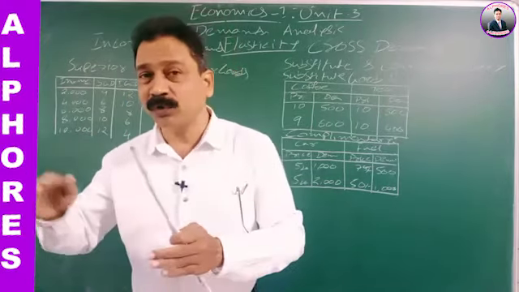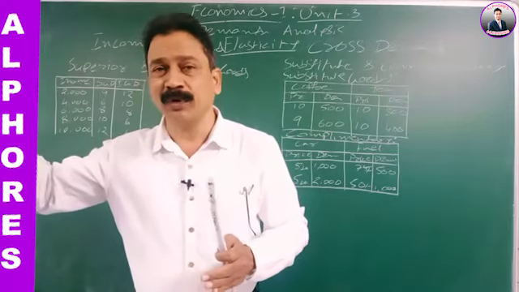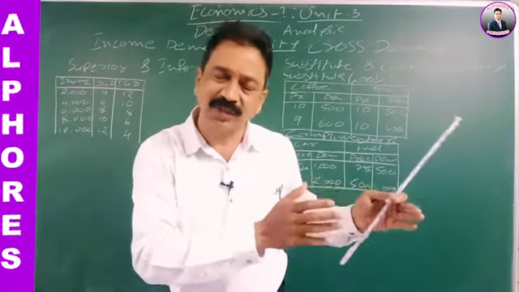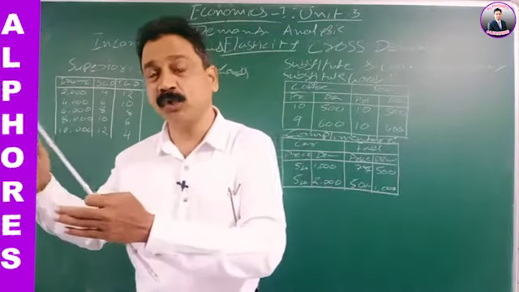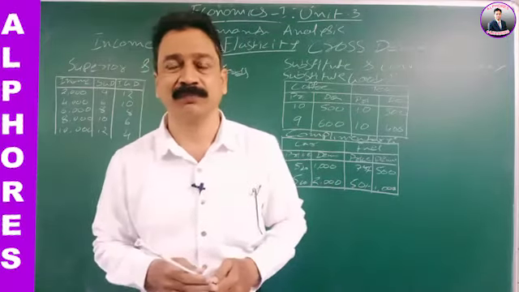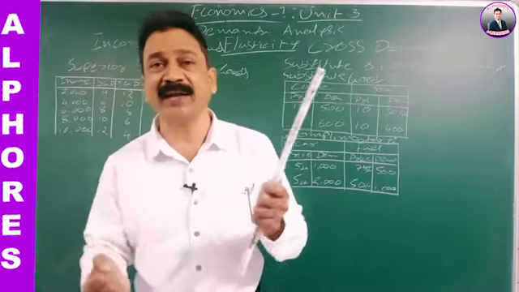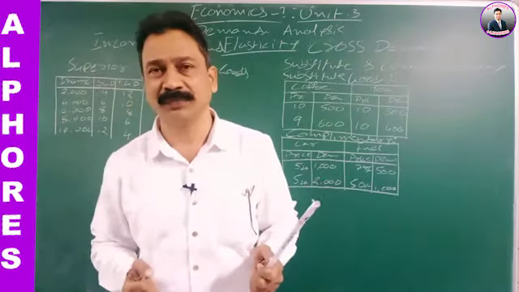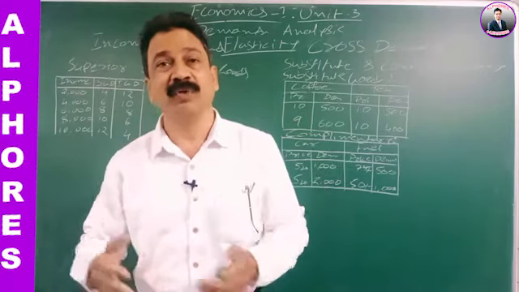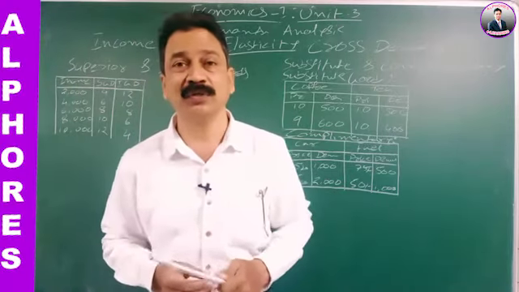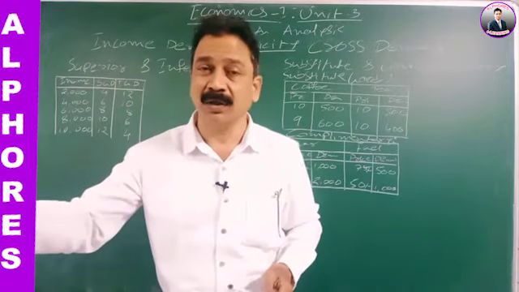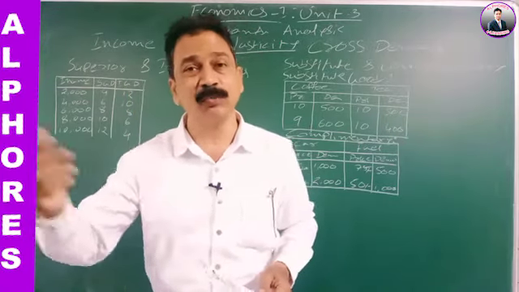When you come to high income group people and low income group people, it's a different concept. A person who is having a Maruti 800 car, an old starting model, for him a Verna is a superior good. A person who is riding a Verna, for him a Mercedes Benz is a superior good.